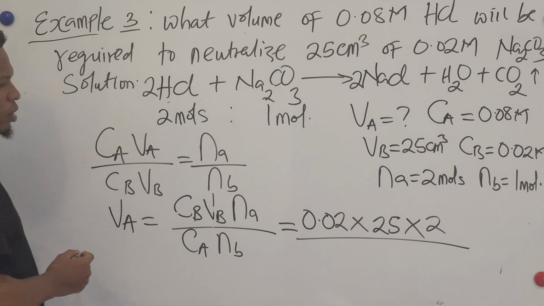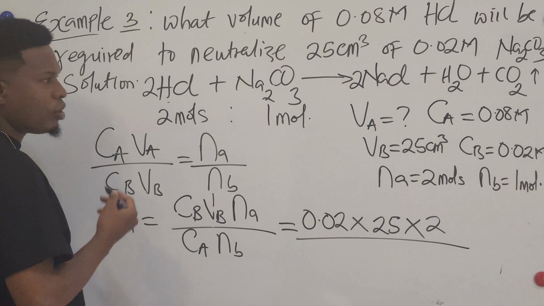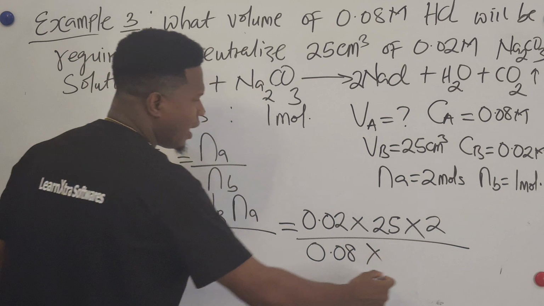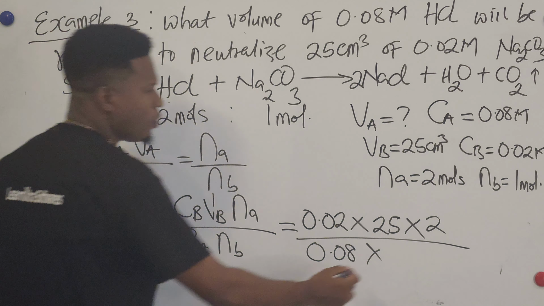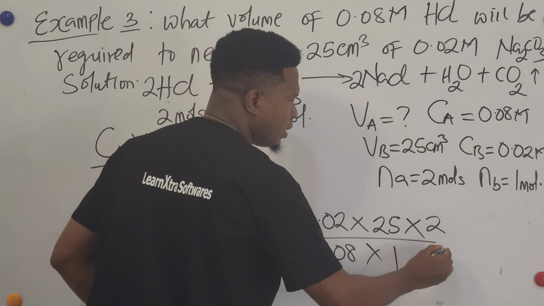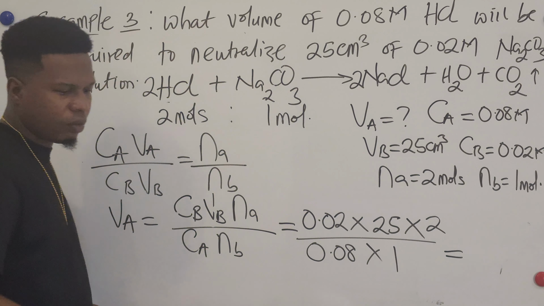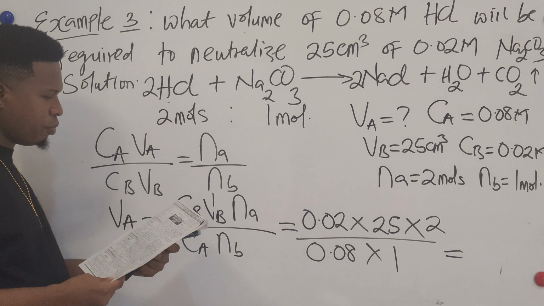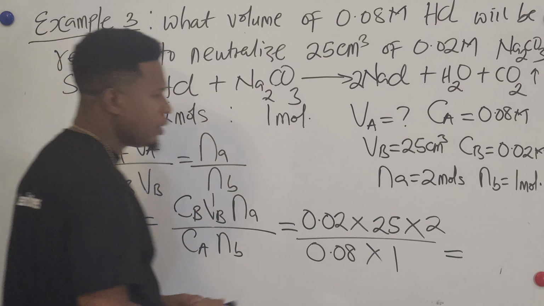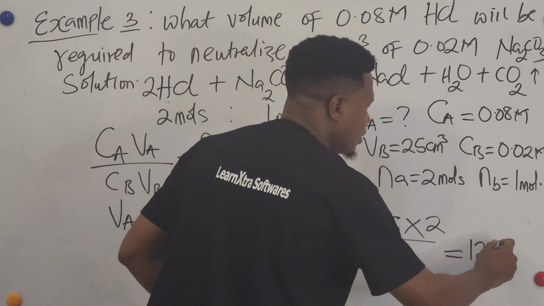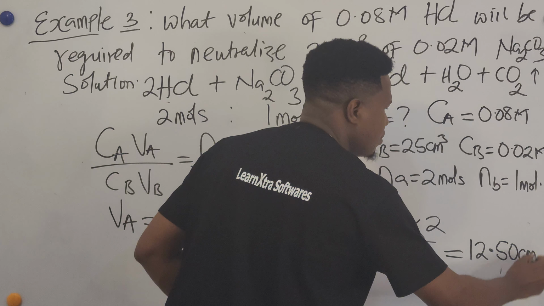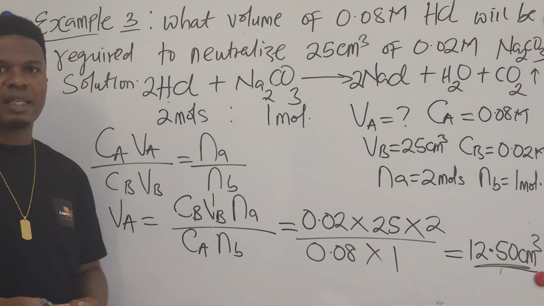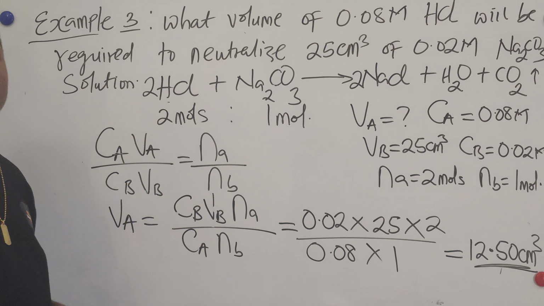Divided by Ca, the concentration of the acid, 0.08, times the number of moles of the base, which is 1. By the time you punch this, whatever you get becomes the answer. Make sure you punch it correctly. So I believe you have 12.50 cm³. That is the volume of the acid that was able to neutralize that base of 25 cm³.